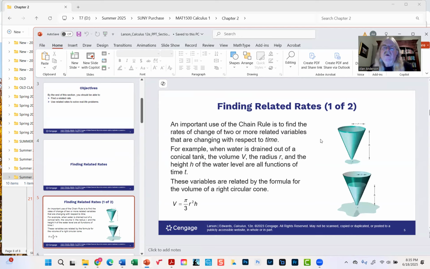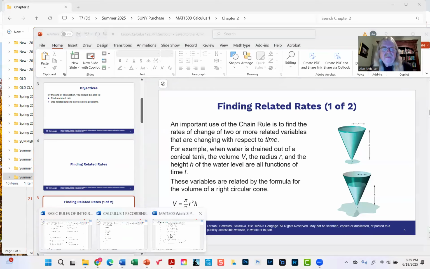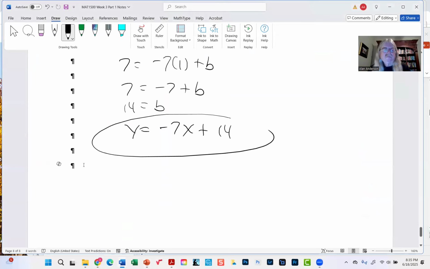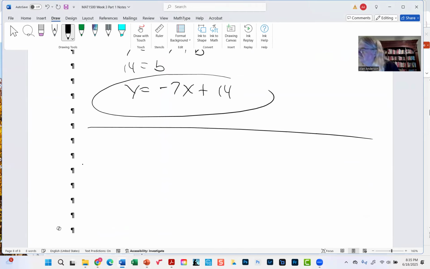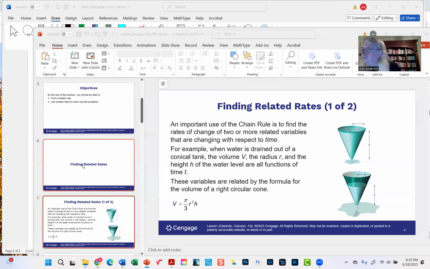They've got this cone that it looks like it's filling up with liquid, and so the volume of a cone is 1/3 pi r squared h. Okay, so let's write that down somewhere. And they just want to remind us what they're referring to here.